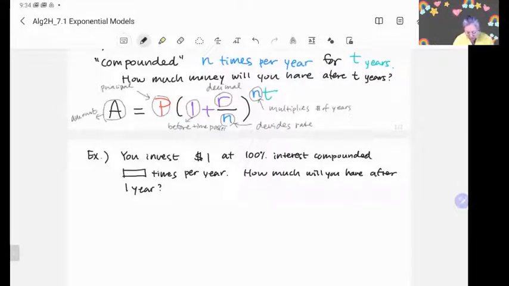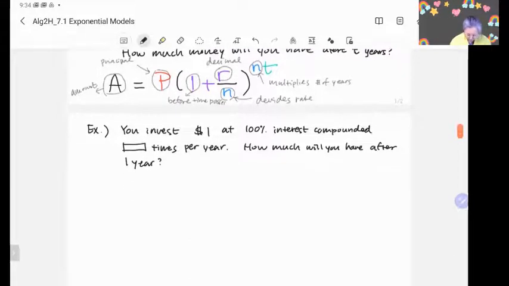The reason I have a blank for times per year is that we will see all different kinds of models, like annually, biannually, and so on, right? So this rectangle here is the number 1 in annually. That means we invested $1.